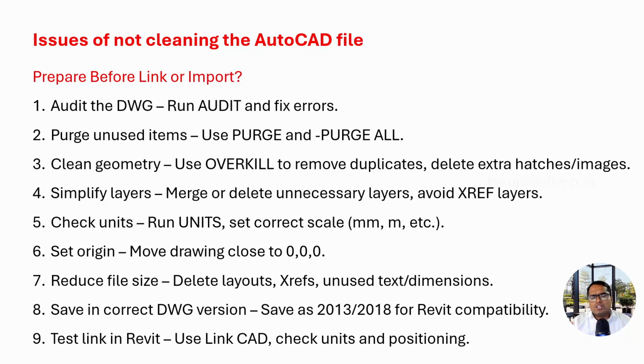So make sure the blocks are properly managed and exploded. If there are any problems, explode it, purge it and take it into your Revit project, and that will be much more helpful while processing AutoCAD project files.